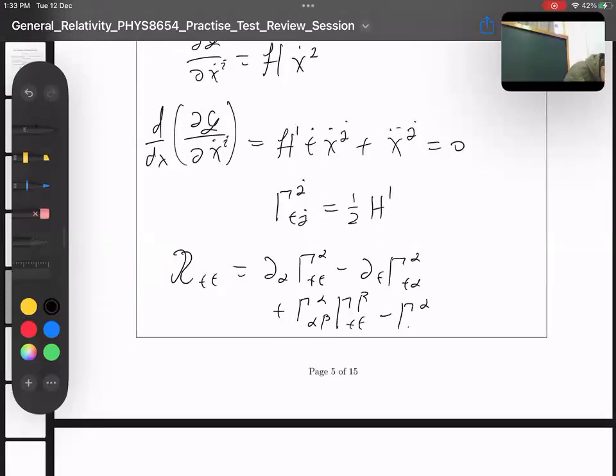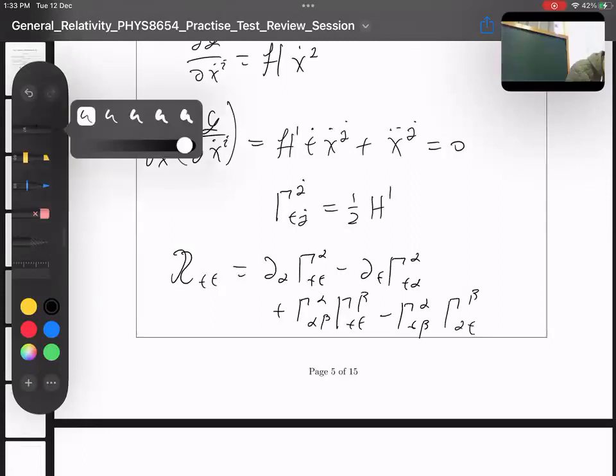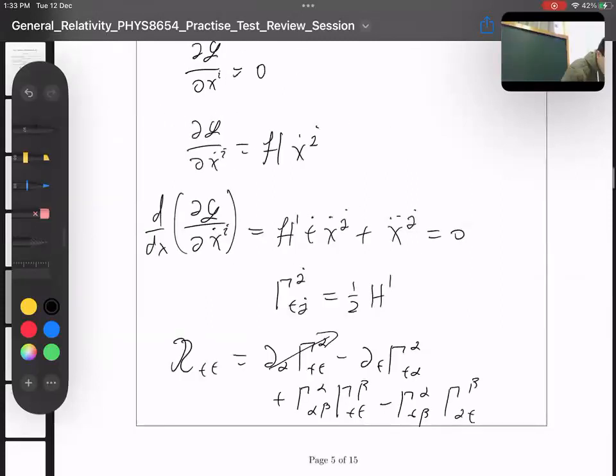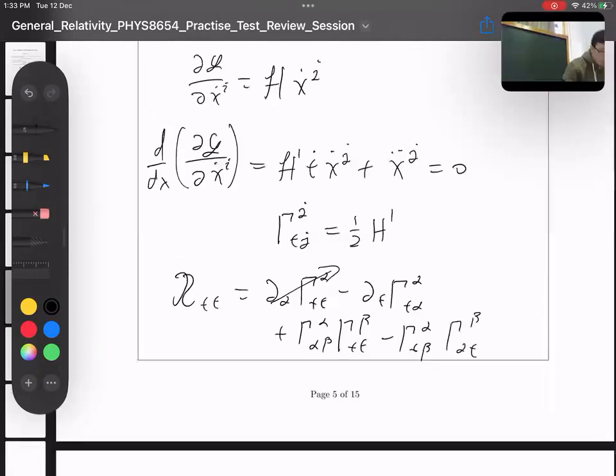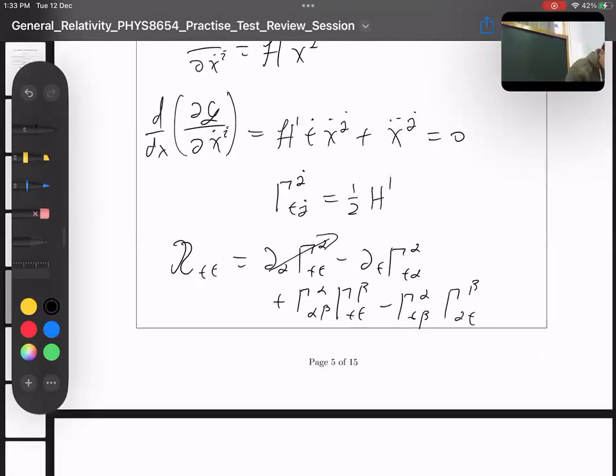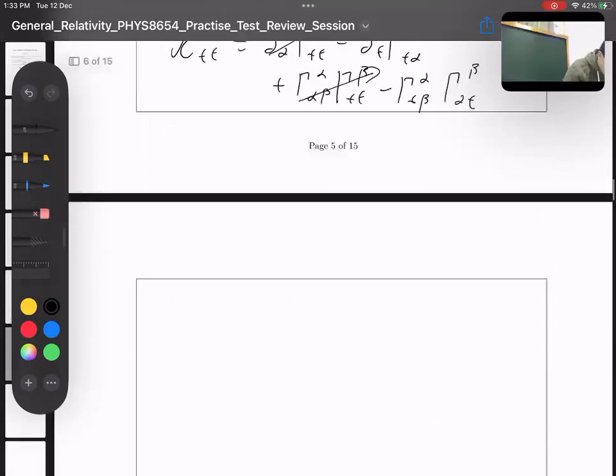But what's nice about this method is now you have all the Christoffel symbols quickly, and you know that the first term cancels, because in the x equation there's no double t component, it's just t and j. So this one must cancel. The third term also cancels because there's no double t component. So the RTT component is quite nice.